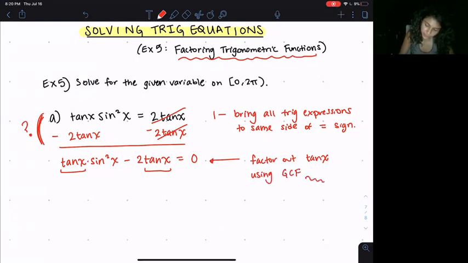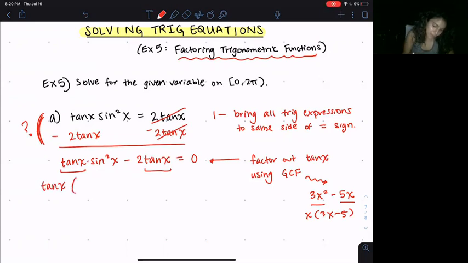So just a quick refresher, greatest common factor is what you use when you're factoring out an x from here. So it would become x parentheses 3x minus 5. So that's what we're going to do in this case. Let's factor out a tangent, since we can take it from both terms.